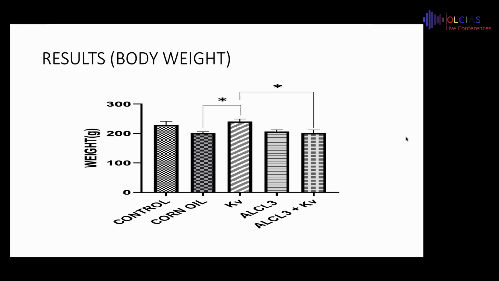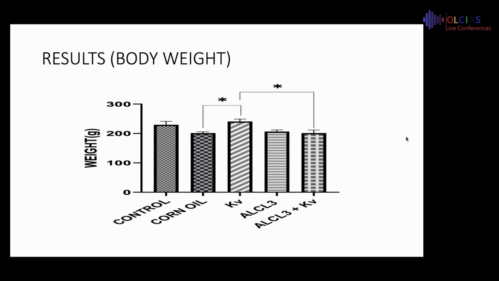From our own research, we found that the aluminum chloride group, which is group D, experienced a loss in body weight compared to the control group. We are using the control group to compare with the aluminum chloride group, and we can see that the control group has more body weight than the aluminum chloride group.